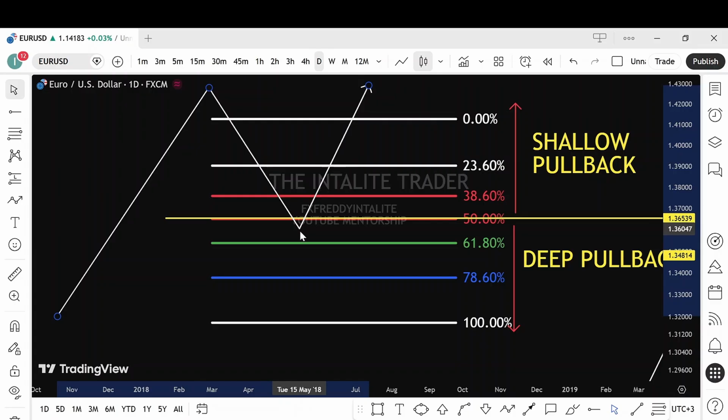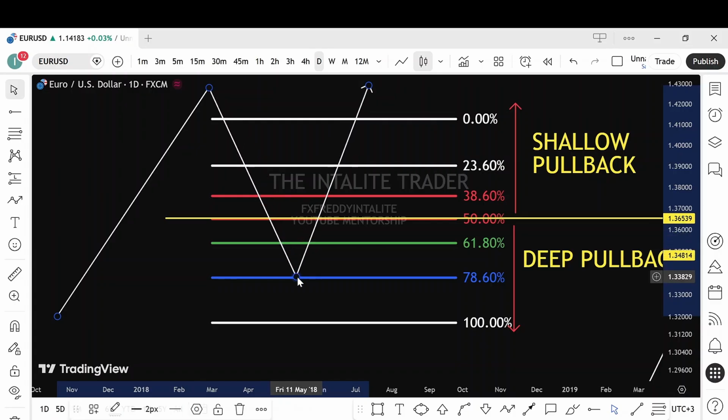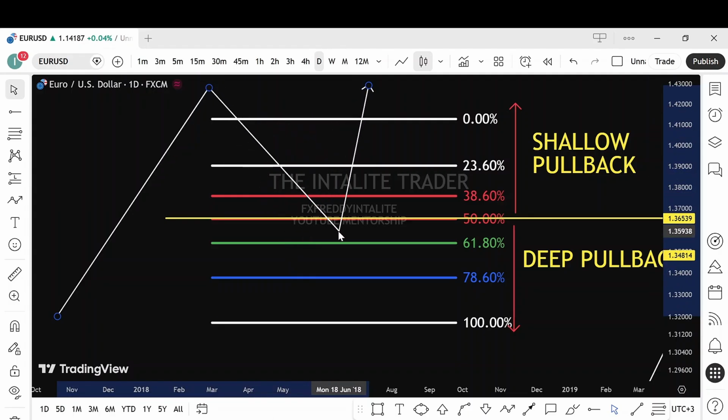If it can also come to 61.8, this pullback comes as a result of the market repricing itself. Let's say the price of an asset moved, and then you see price is repricing itself.